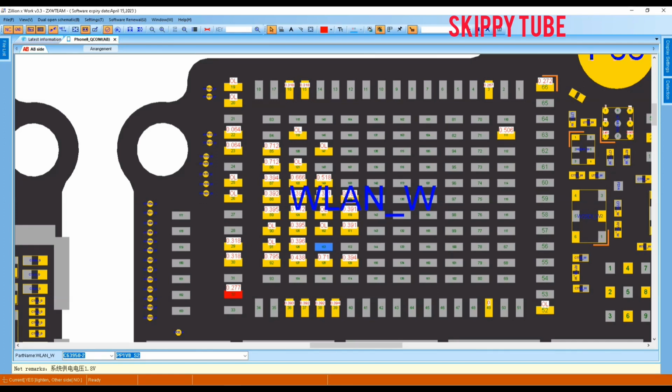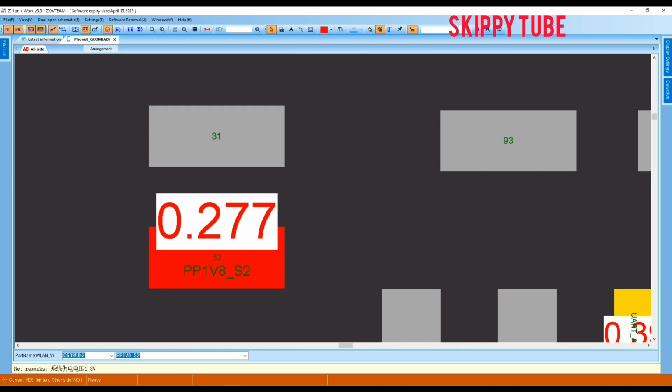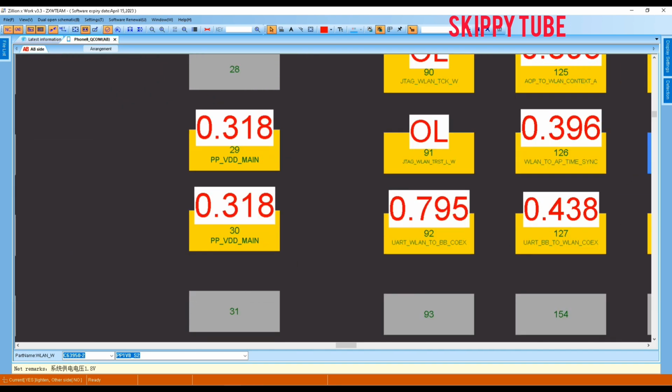This is the Wi-Fi integrated circuit, or IC, and we can check PP 1.1 voltage 8_S2. That means this is the SDRAM way, and the other one is PP_VDD_main. Now I think you understood.